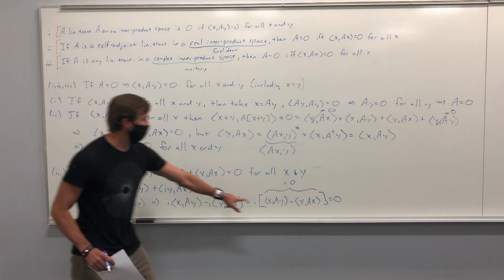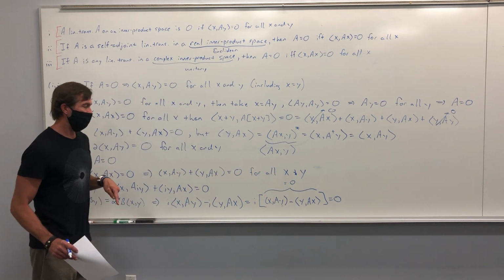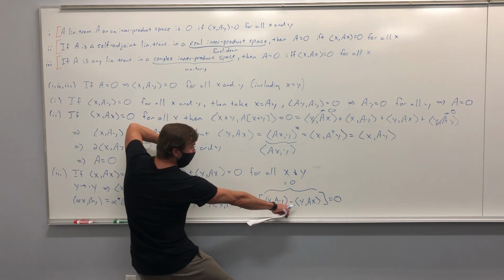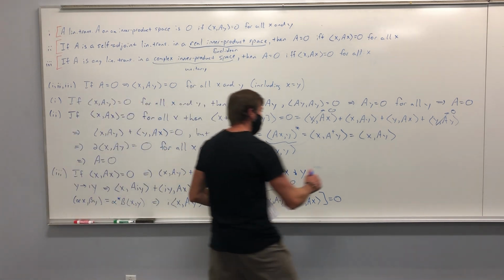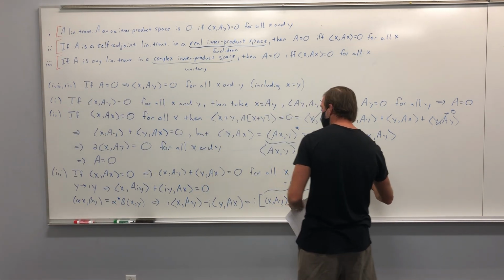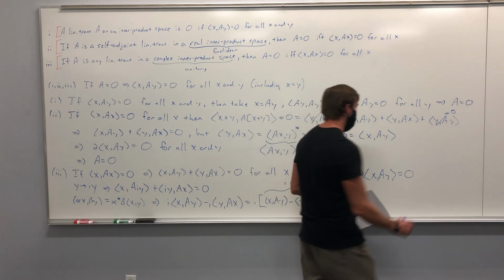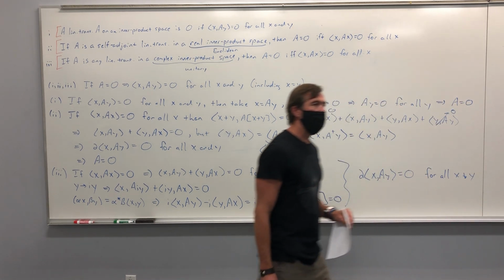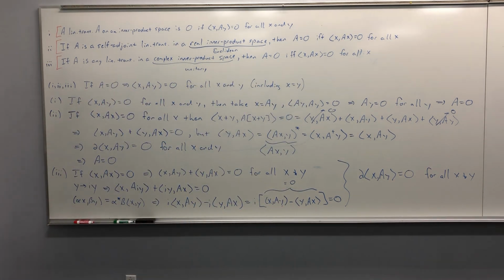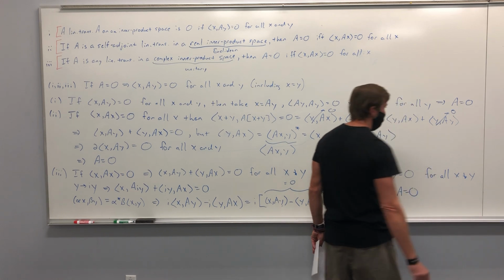I add this to this. You get 2xay. Yeah, okay, so this entire story goes down to 2xay equals 0 for all x and y. Okay? This, of course, implies A equals 0.